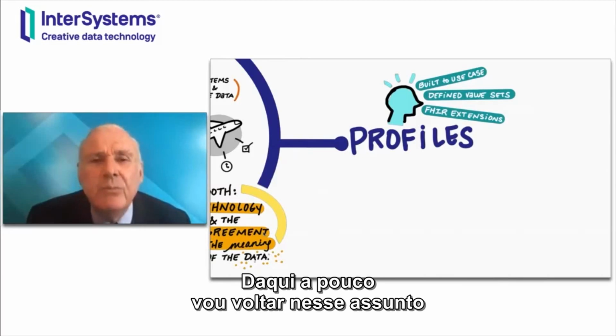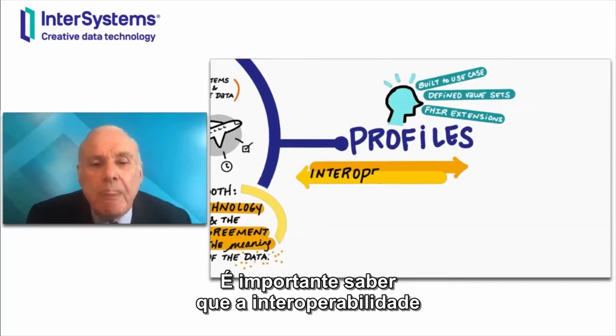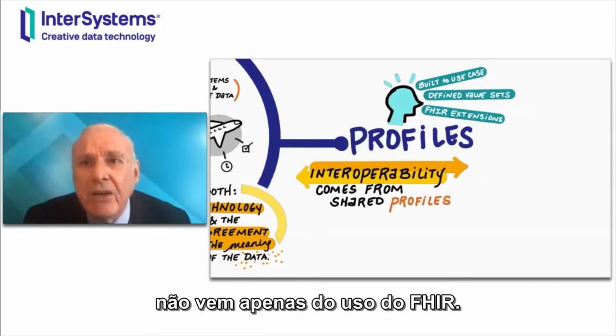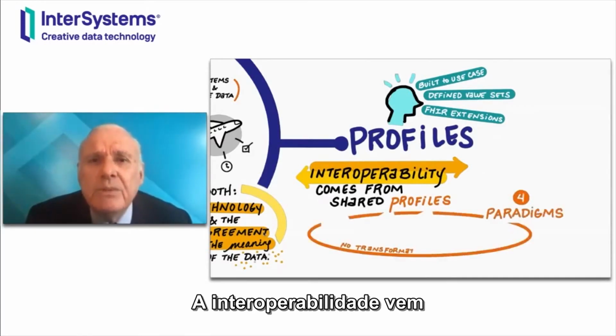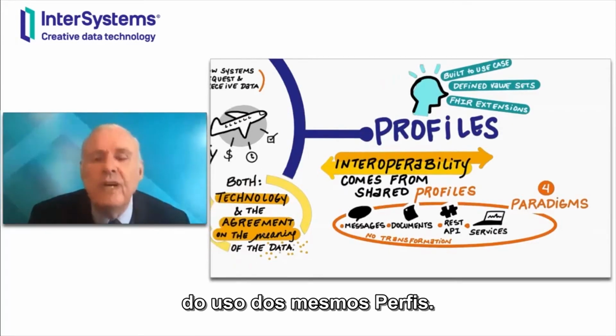And I'll come back in a few moments to exactly what a FHIR extension is. But importantly, interoperability does not come from just using FHIR. Interoperability comes from using shared FHIR profiles, from using the same profile.